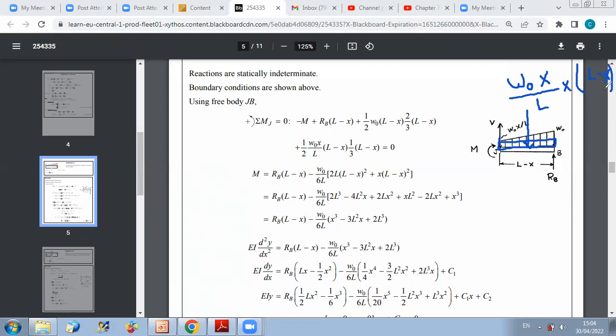If you calculate the corresponding value, this is the value of the force. You still need to get the moment, so you still need to multiply by the distance. The distance from the end point to your point of application of the force is L minus x over 2.